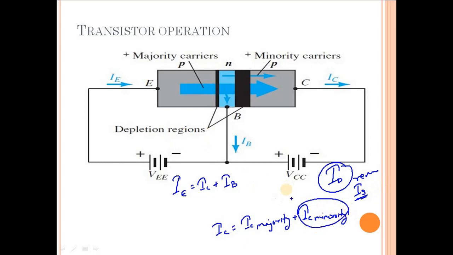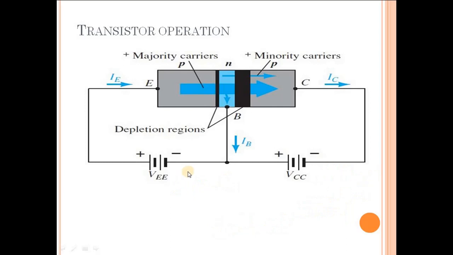In the case of a BJT, if the temperature increases, IC minority also increases drastically, and this is an unwanted thing for BJT operation. Semiconductor manufacturing techniques are improving, so this IC minority is also getting decreased, or getting taken care of.